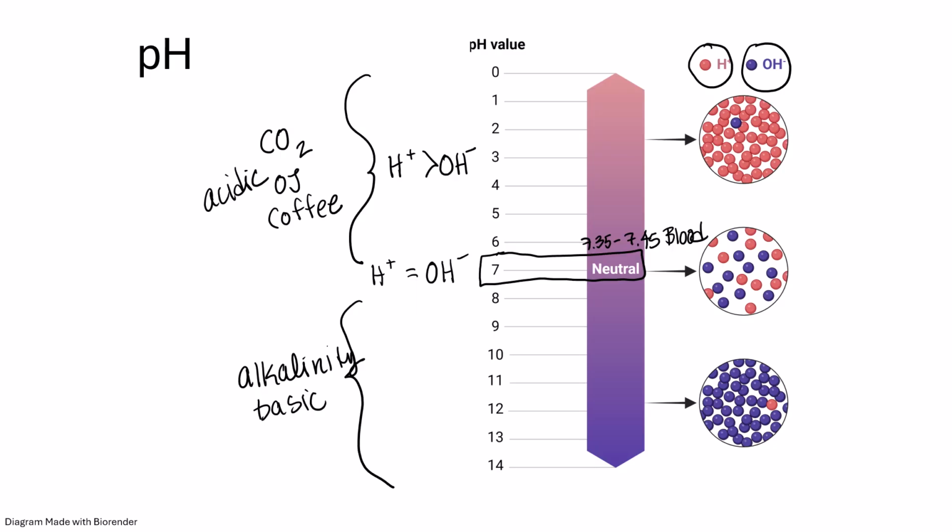So these values of 7 to 14 on the pH scale indicate that there are fewer hydrogen cations than OH negative anions. And this part of the scale reflects things like Tums, Rolaids. What other medications can you think of for heartburn?